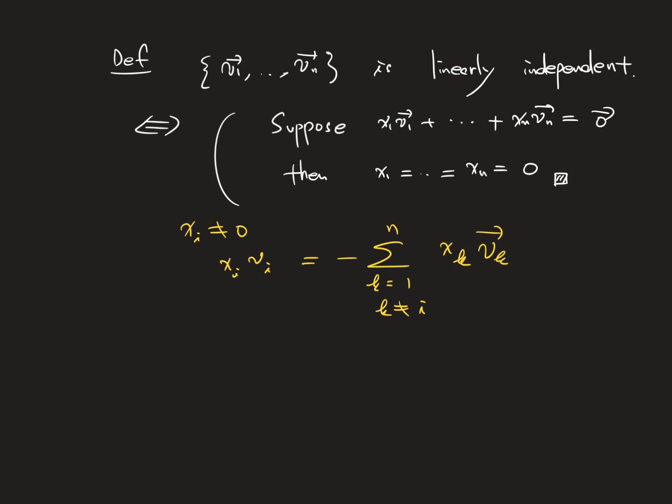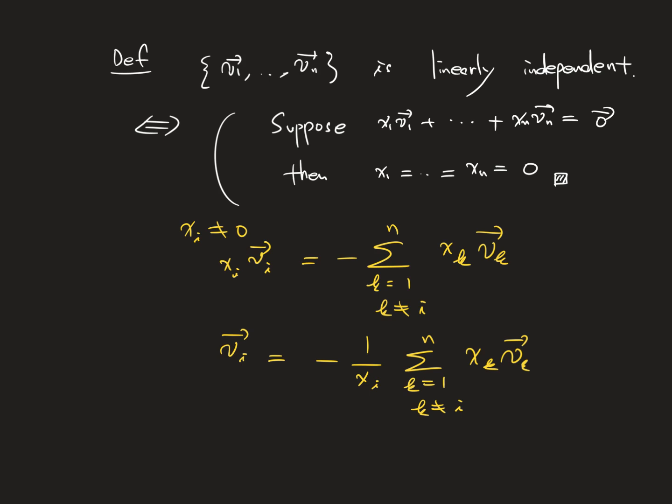Because xi is not equal to 0, we divide by xi. So we have vi equal to minus the sum over k not equal to i of (1 over xi) xk vk.